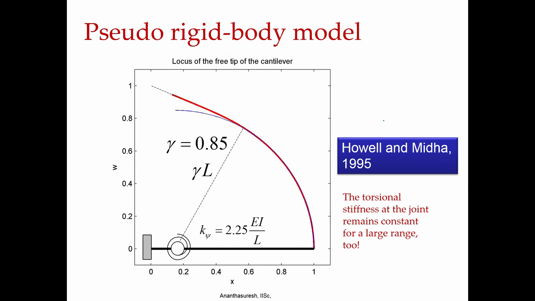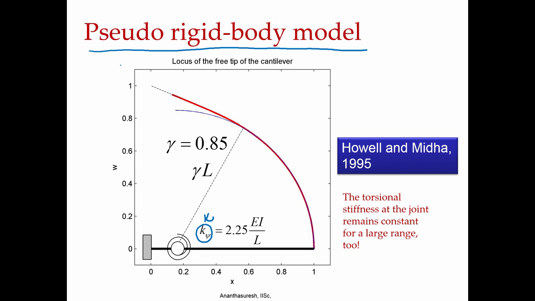And Howell and Midha called that pseudo rigid body model. That is, you have a cantilever beam, a real cantilever beam, but you are approximating its behavior both in terms of kinematics as well as elastostatics by a rigid body and a torsion spring. Okay, this is again kappa. That is what they call pseudo rigid body.